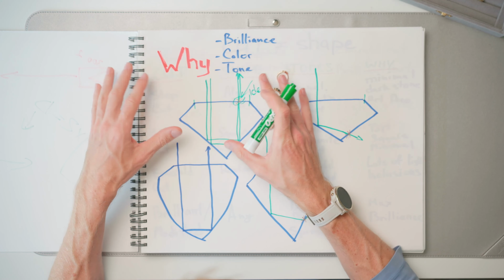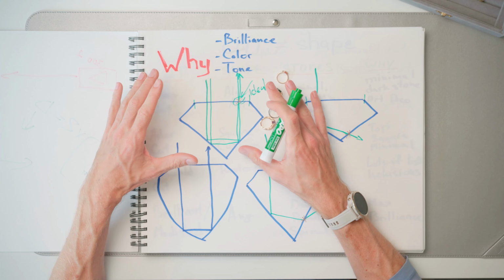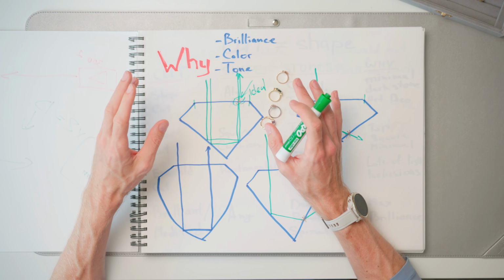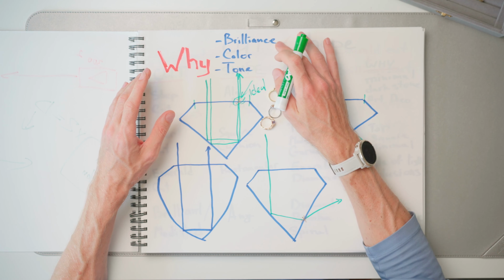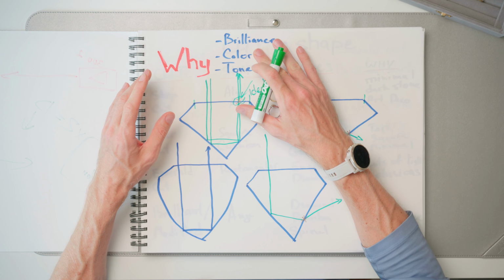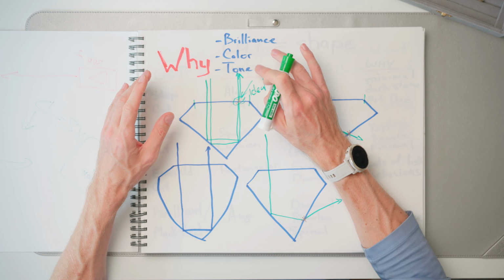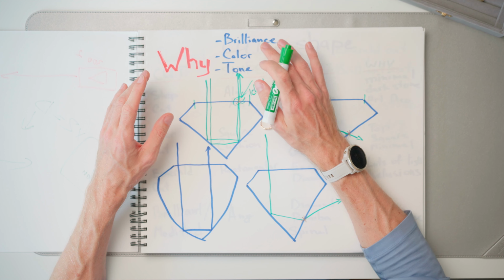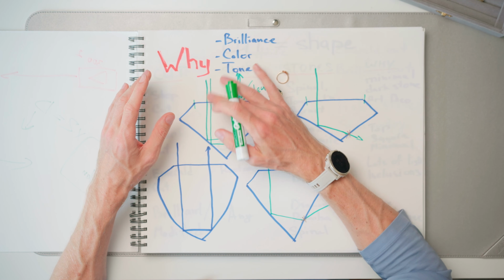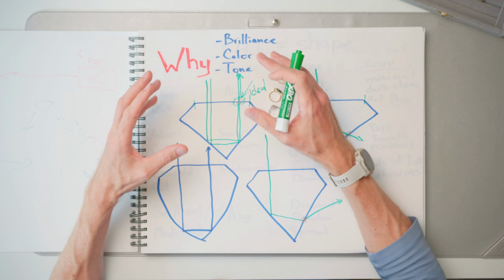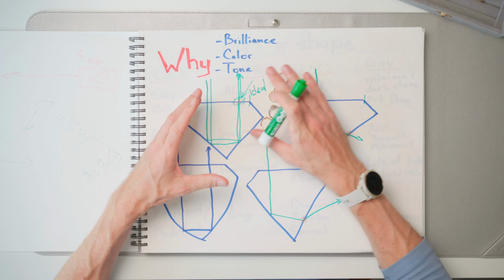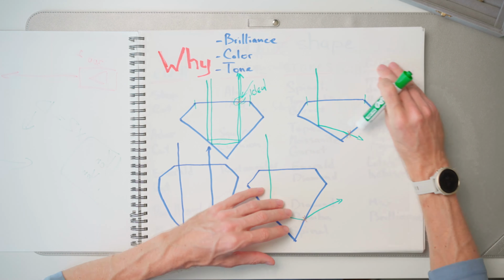I'm obviously simplifying things, but in a few words, that's the way it's going to work. So the cut is not only going to affect the brilliance of the stone, it's going to affect your color, and it's also going to affect your tone, not only because of the length of travel, but also because of the specifics of the cut. And let's talk about it further.